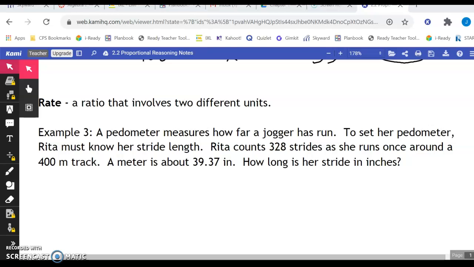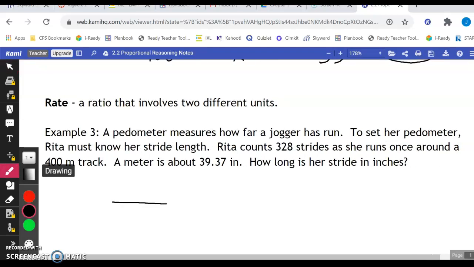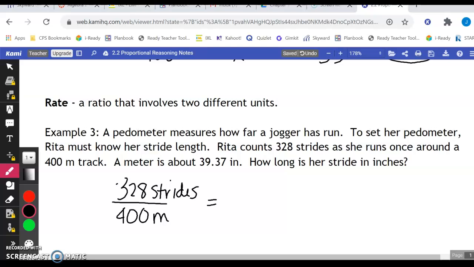So to start off with, we are going to set up a proportion. And I see that 328 strides is once around a 400-meter track. So there's a rate that we're starting with. And then I know we want to know how many inches is in 1 stride.